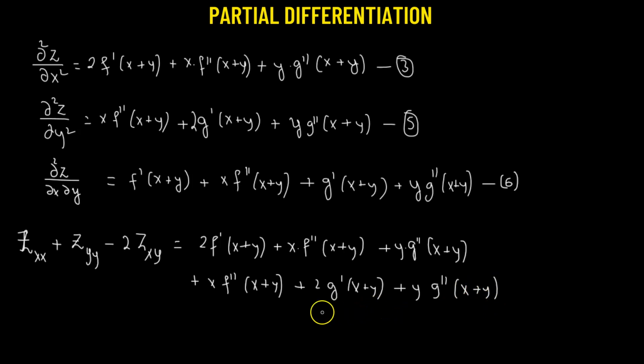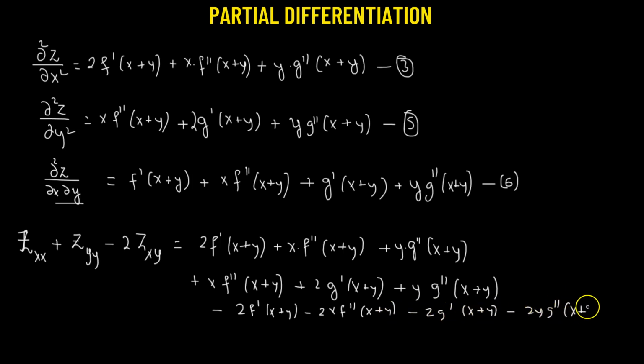From here we are going to subtract 2 times equation number 6. So we have minus 2 times f prime of x plus y minus 2x f double prime of x plus y minus 2 times g prime of x plus y minus 2y times g double prime of x plus y.